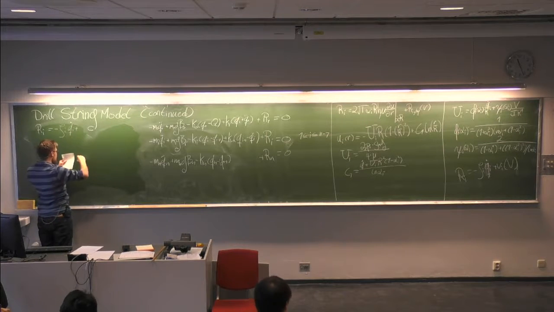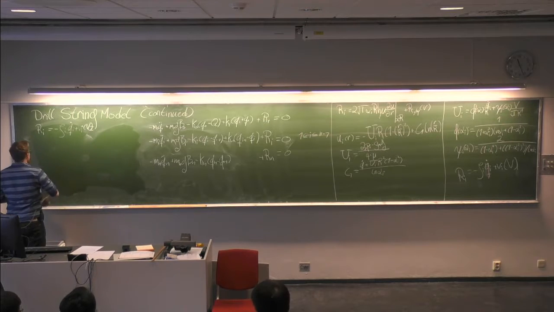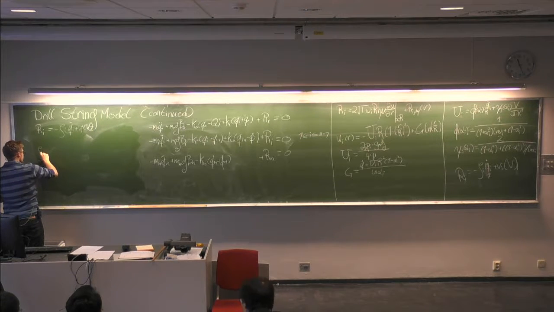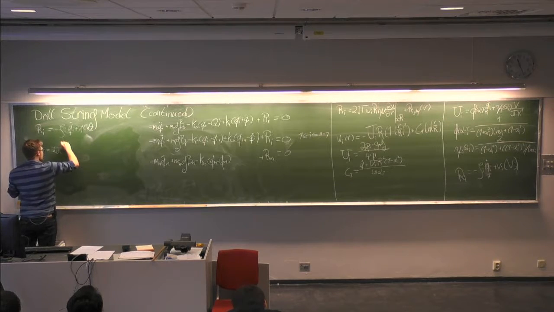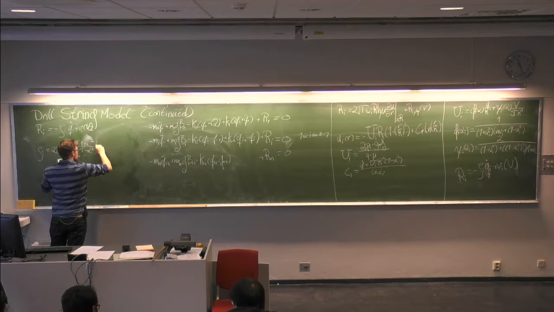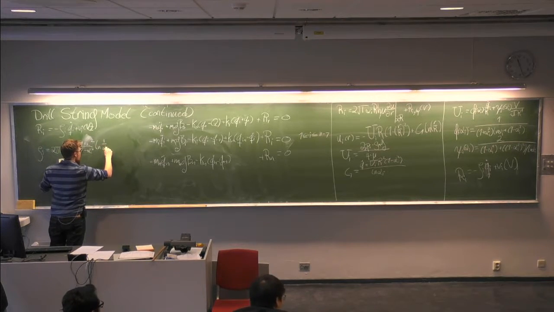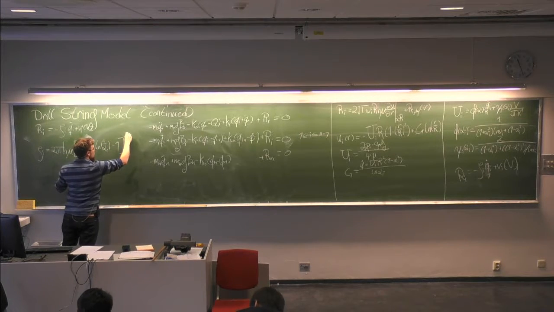Just arrest me if I've done something wrong. Here zeta_i is 2 pi h mu times the inverse of (1 plus alpha_i squared over 1 minus alpha_i squared times the logarithm of 1 over alpha_i, minus 1).